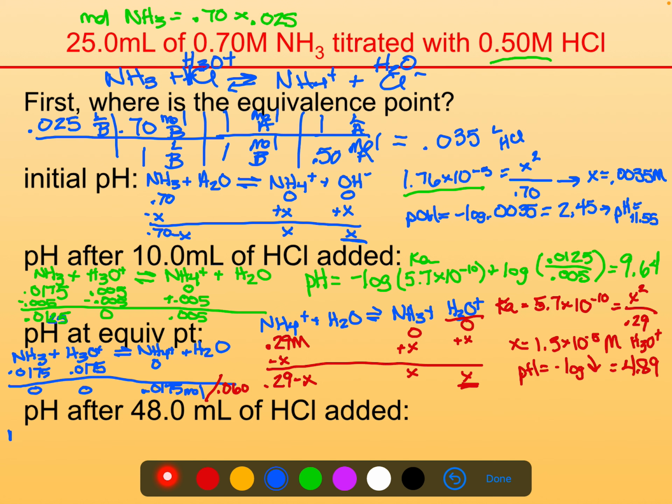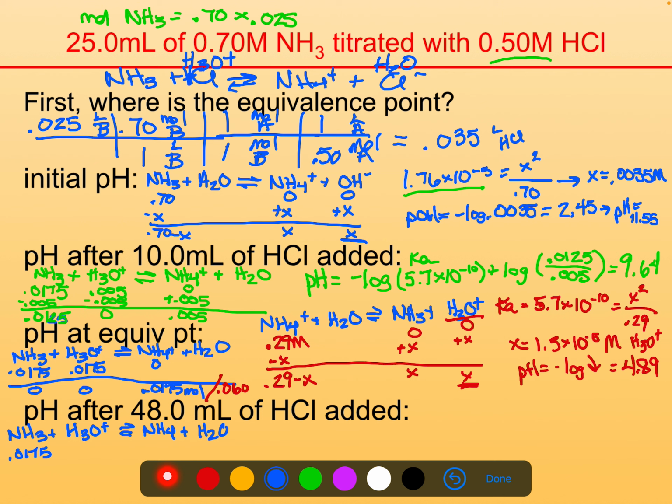So if we look back at our reaction of the ammonia with the hydronium, we had 0.0175 moles of ammonia. For the hydronium, we have to do the moles. That way we figure out how many moles are left over.